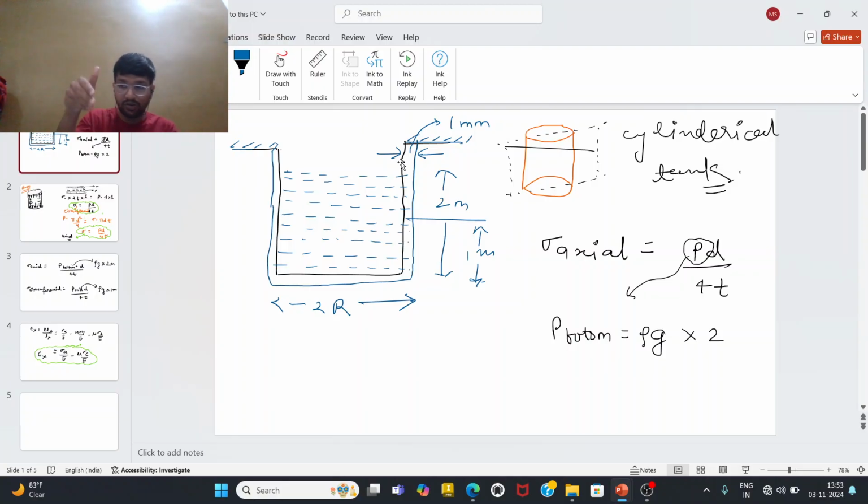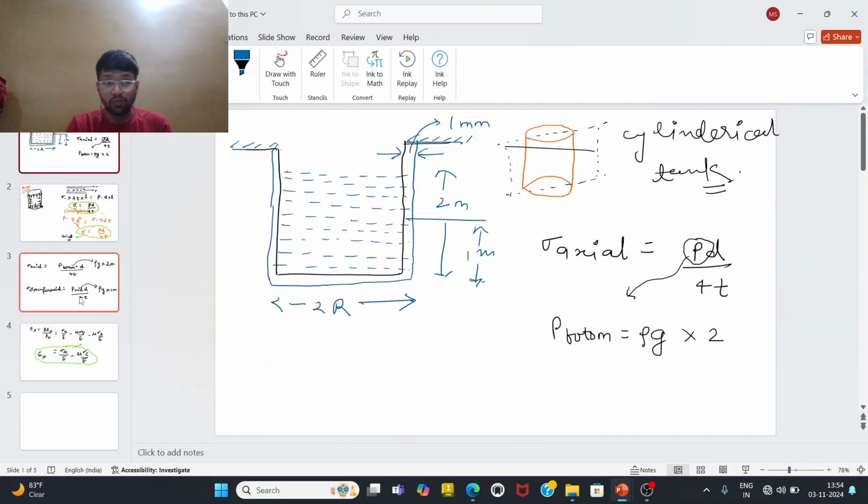When you go deeper in the cylinder, the water pressure increases. So this is a non-uniform pressure profile. How do we find stresses under these conditions? This is the main question.